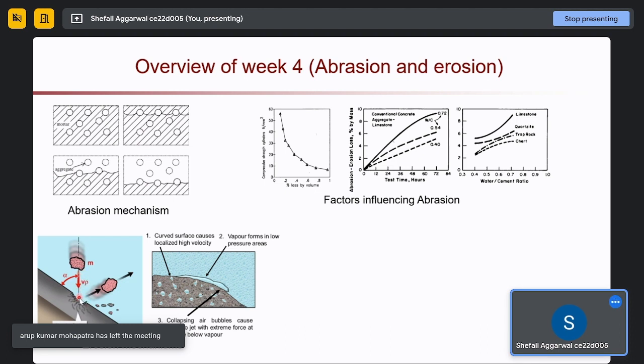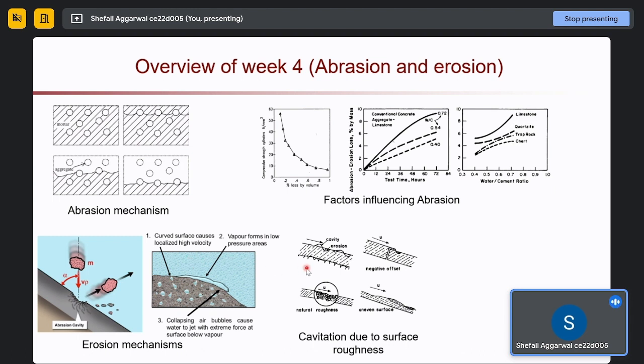Impact will cause the concrete surface to be removed, mainly because of the pressure of water or aggregate. So here we have seen two mechanisms of erosion. This is because of abrasion, and this is because of cavitation.